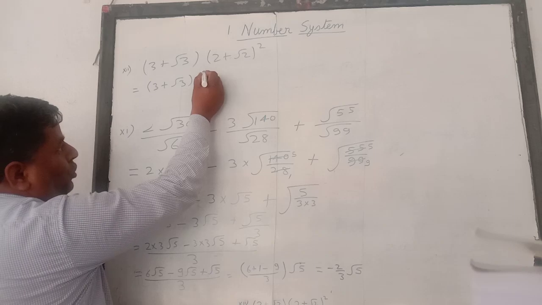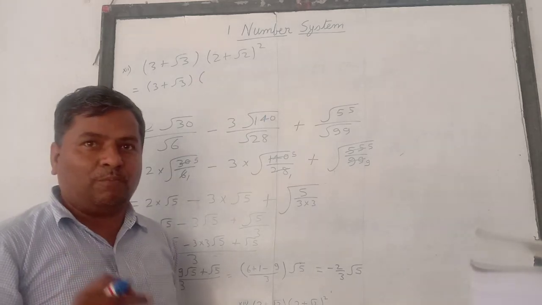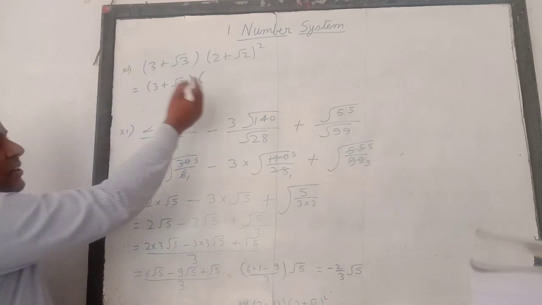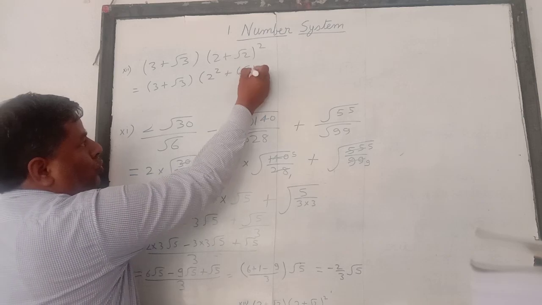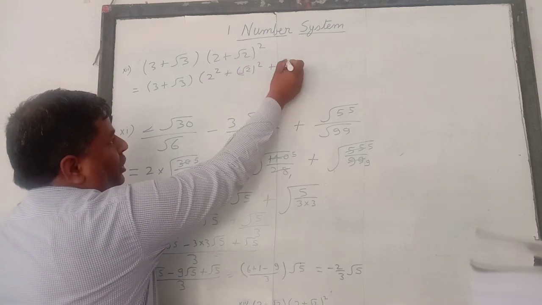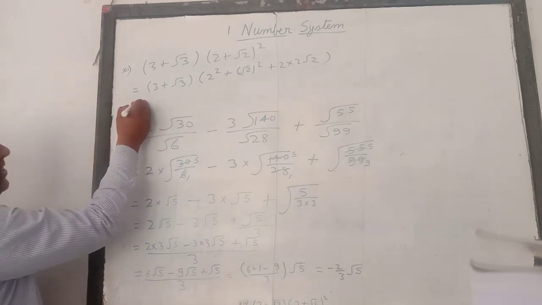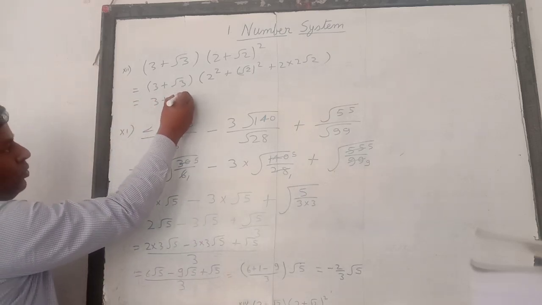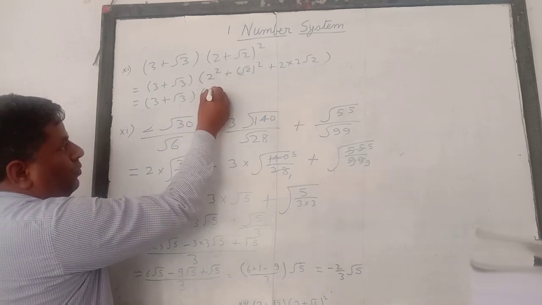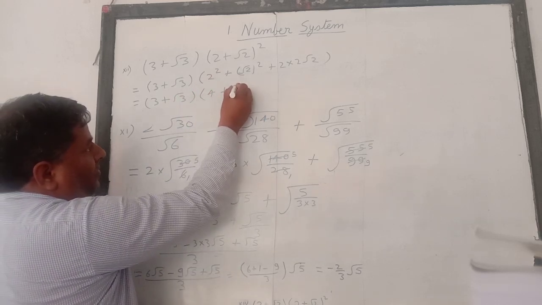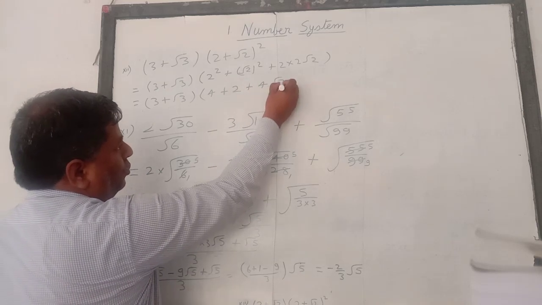So we will use the formula (a + b)² = a² + b² + 2ab. So here it will become 2² + (√2)² + 2 into 2√2. So now we can write this as (3 + √3) into, 2 square is 4, √2 square is 2, plus 2 into 2, 4√2.